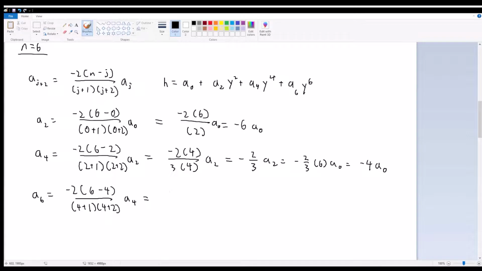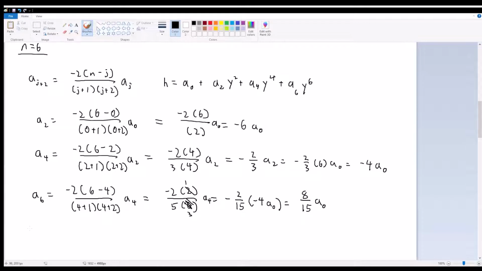This is going to give us negative 2 times 5 times 6. Whoops. So this cancels out to give us 3, so that leaves us with negative 2 over 15, and then a4 becomes negative 4 times a naught. This is going to give us 8 over 15 a naught.